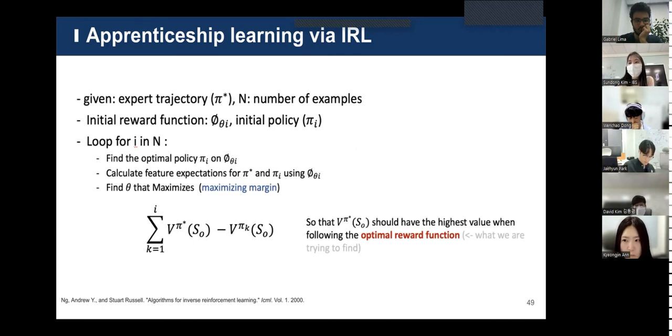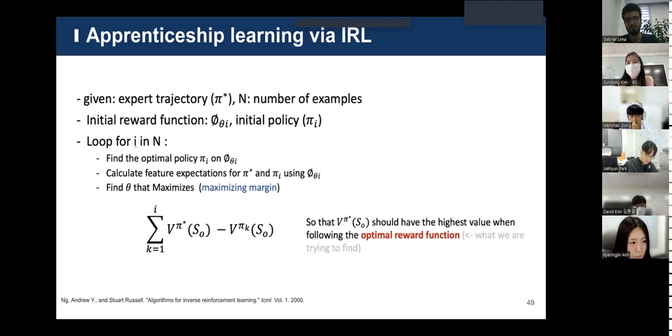We first find the pi I through the initial reward function and calculate the value from both pi star and pi I. Then we try to find the parameter theta in the reward function that maximizes the margin between the two values. This is based on the idea that the value calculated from pi star should always be bigger than the value from the pi I if we follow the optimal reward function, because the optimal reward function corresponds with the expert trajectory.